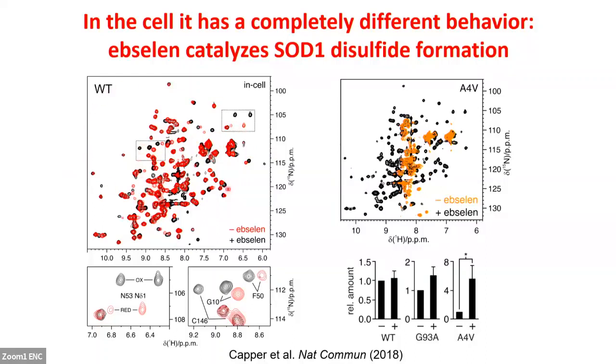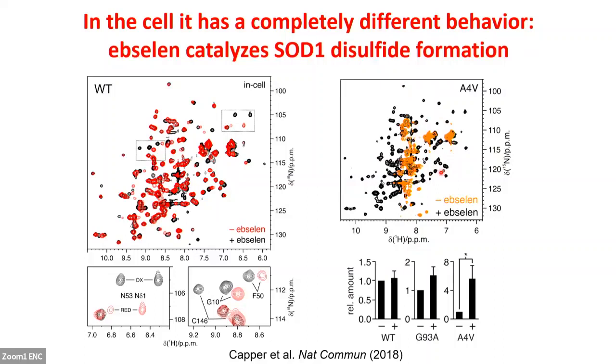structure. But also, as I said, these are all in-cell, on living cell spectra, so I hope you appreciate the quality of the spectra. For example, if you take this mutant, a pathological mutant of SOD, in the absence of epsilon this mutant doesn't fold, and so it's floppy and tends to aggregate.